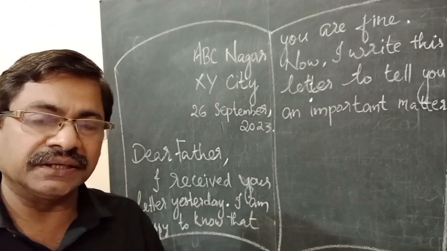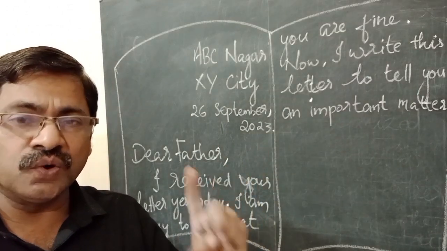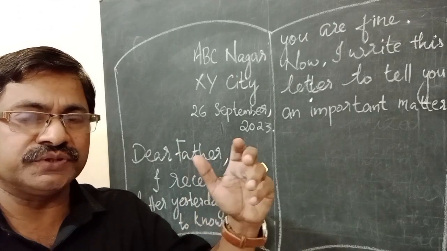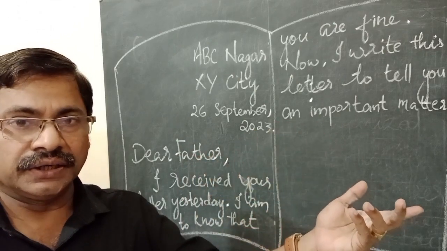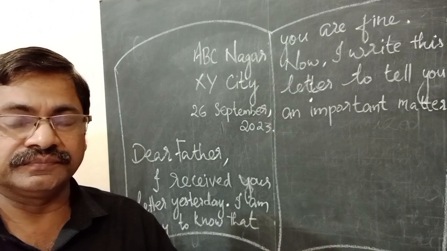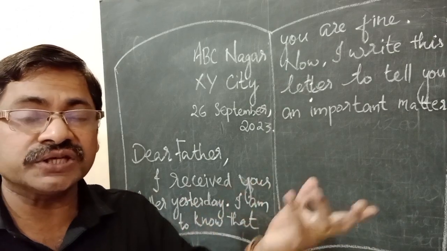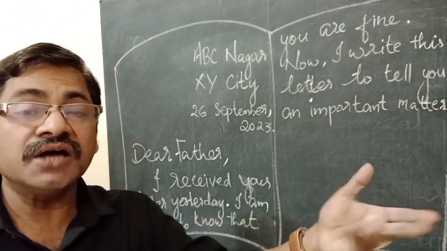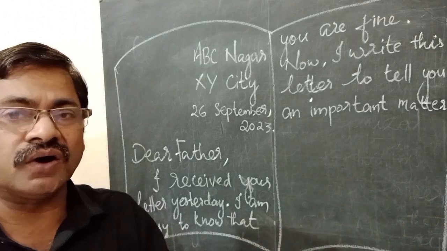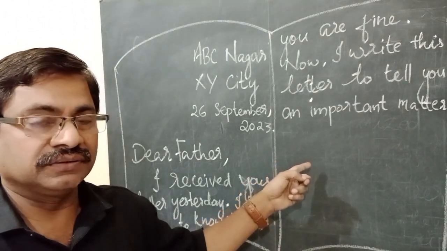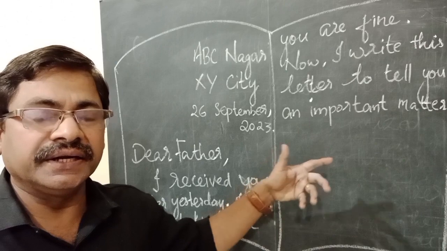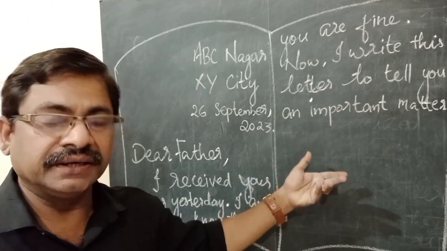What is this matter? Your school has organized a trip to Agra to see the Taj Mahal. So you have to ask your father's permission. That is what you have to write here. We can write those details, but briefly.